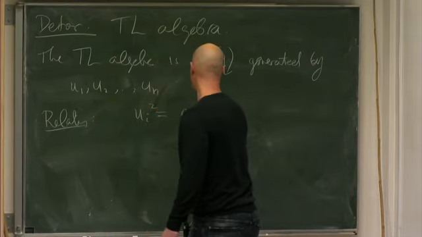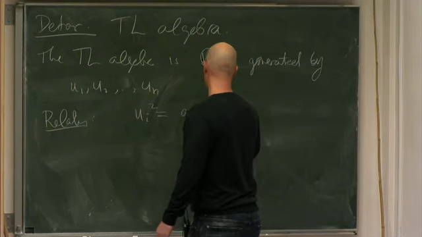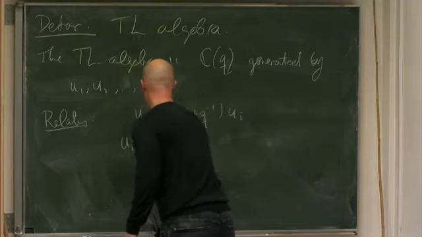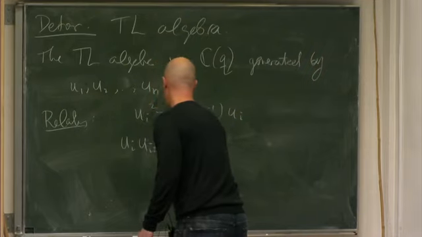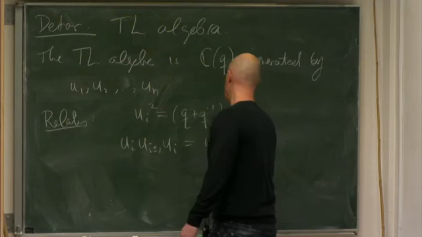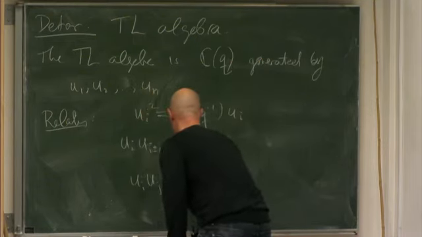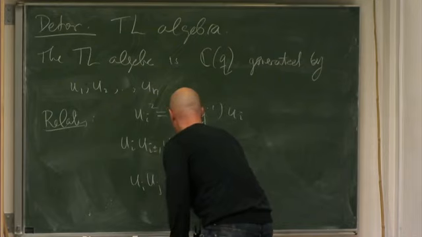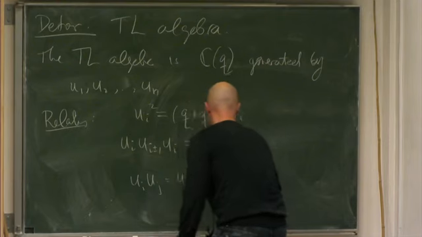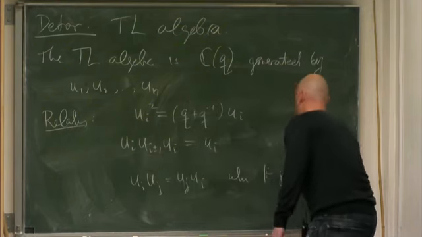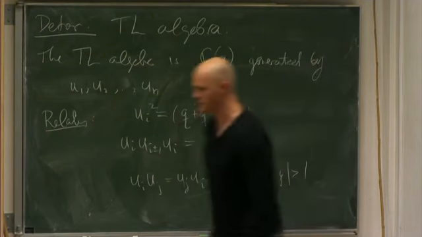So u_i squared is (q plus q inverse) u_i. u_{i plus or minus 1} u_i u_{i plus or minus 1} is u_{i plus or minus 1}. And u_i and u_j commute when they're far apart. Okay, so this is the Temperley-Lieb algebra.